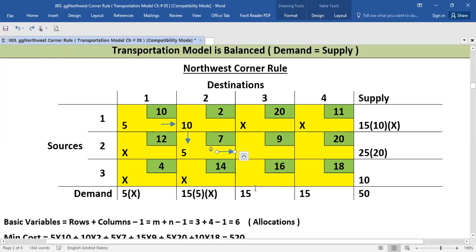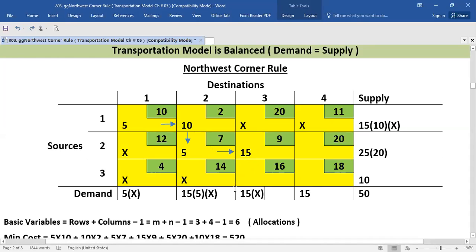Here we see that we have 15 demand and 20 supply. Which one is minimum? 15 is minimum. So you will put 15 in this blank cell like this. Yes. Now you are left with nothing. As you subtract this 15 from 15, you will put cross in front of this 15.